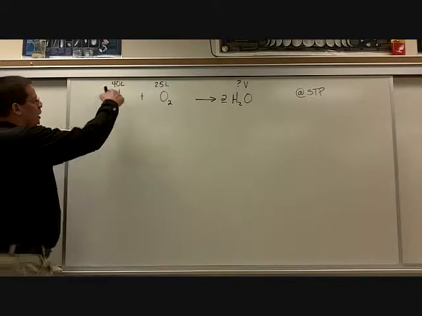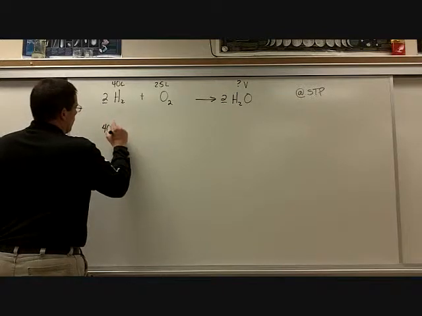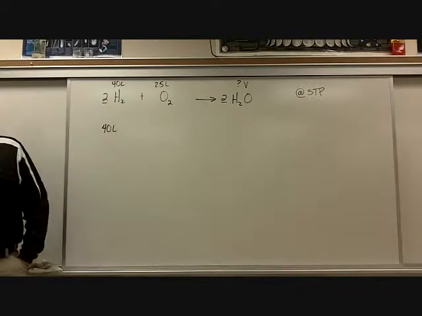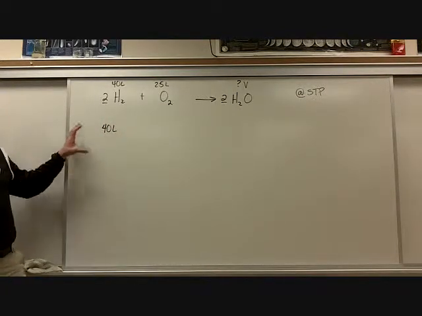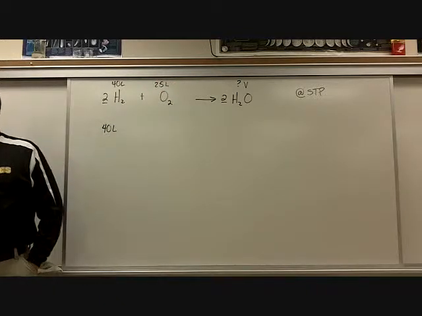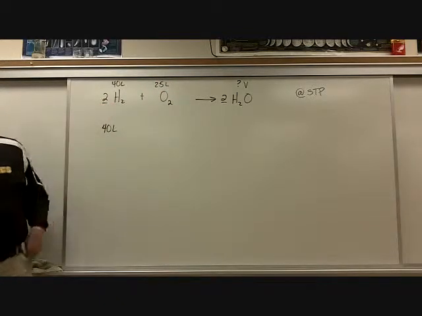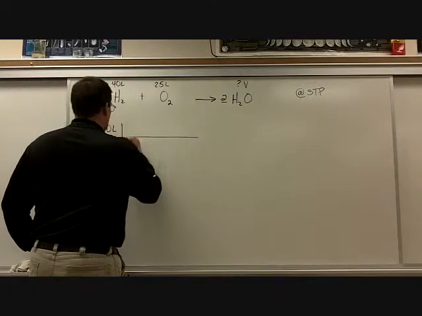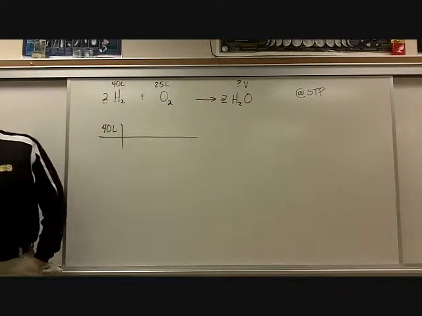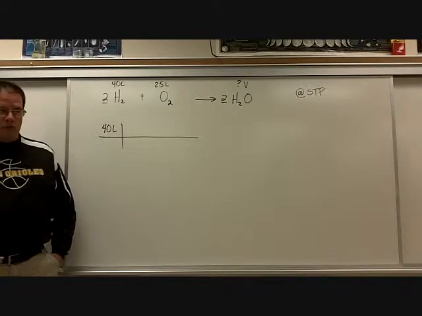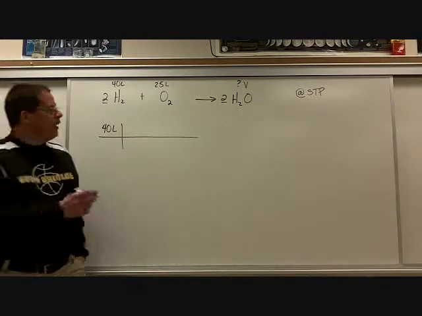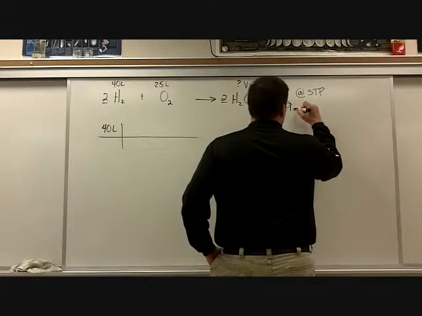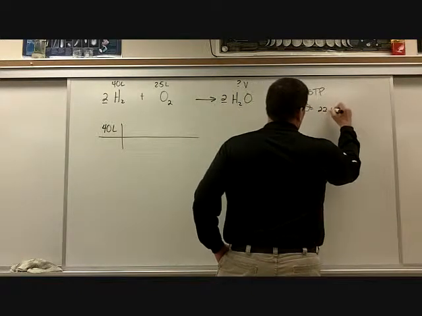Hydrogen. Okay. So we're going to start with one of them and find out how much of the other one will be needed to completely react with all the hydrogen. Since we're at STP, you can still use PV equals nRT, but I'm going to show you the conversion where 1 mole equals 22.4 liters.